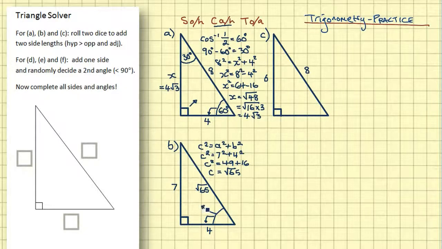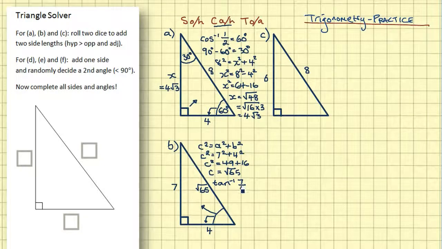So now go up to my mnemonic. I'm looking for adjacent and opposite. Opposite over adjacent is going to be better. I don't want cotangent, so I want tangent is opposite over adjacent. So that's going to be 7 over 4. So I'm looking to use an inverse tan of 7 over 4.